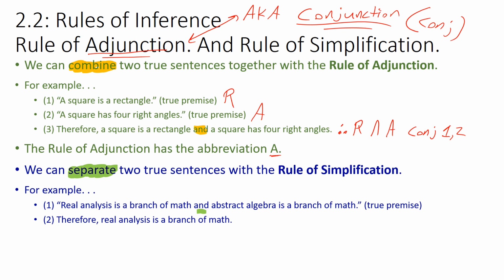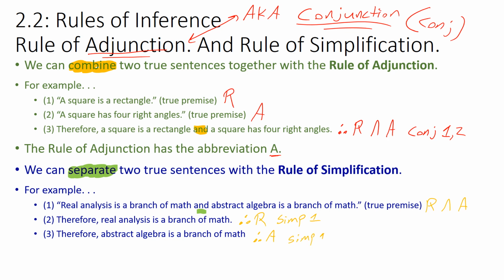First premise, we might say this is R and A. Conclusion: therefore, R. With the Suppes and Hill textbook, we can also conclude, therefore, abstract algebra is a branch of math. So therefore, A. And this is just by the simplification of sentence 1.